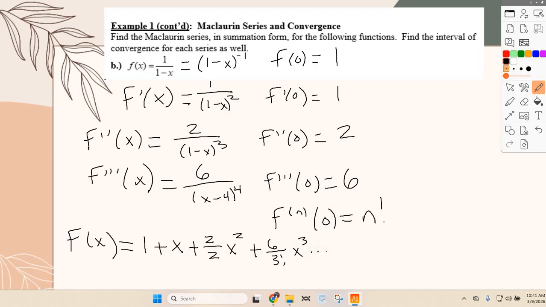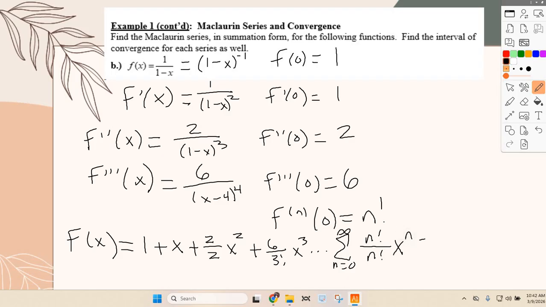Yes? So in general, notice, going from, I would have on top usually our derivative, right? But we said in general form our derivative is n factorial divided by another n factorial times x to the n.